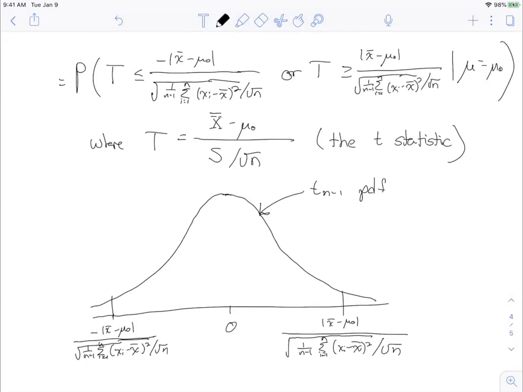And we've shown that the p-value is the area below the negative absolute value of the t-statistic and above the positive absolute value. So the combined area is the p-value.